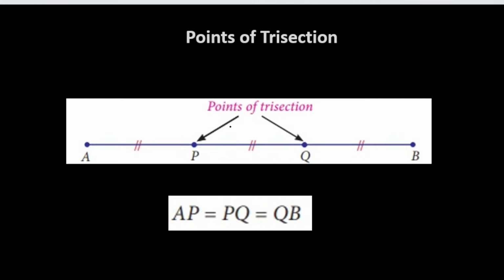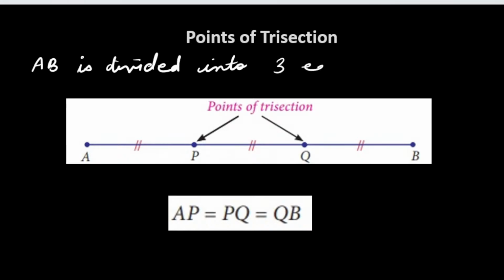Then points of trisection. So what are points of trisection? When the line segment is divided into three equal parts. When line segment AB is divided into three equal parts, these points are known as points of trisection.